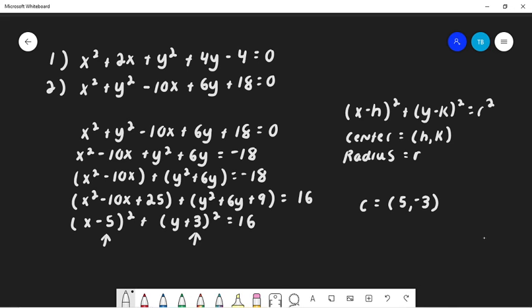So we just switch the sign. So it's 5 comma negative 3. And then to find the radius, remember we look at this term over here and we just take the square root of it. The square root of 16 is going to be 4. So in this problem, the radius is 4. And that's it.